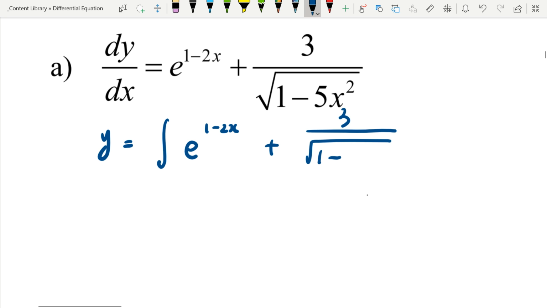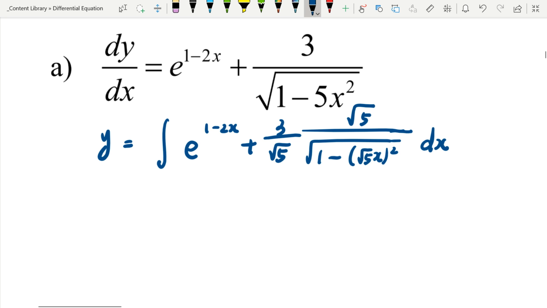So we can see that's a sine inverse. So what I will write is root 5x squared here. And we will have root 5 on top because it's the g dash x. So therefore the coefficient I'll write as 3 over root 5 of dx. It's exactly the same as what we should have, but you just make it in a better form, like there's a plus sign.